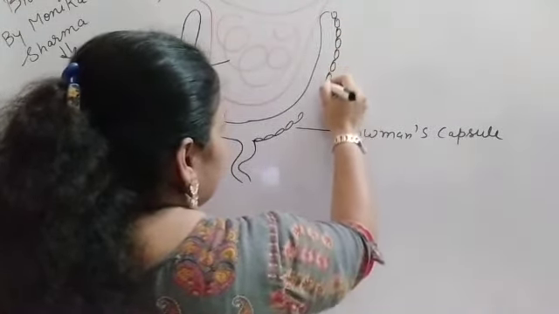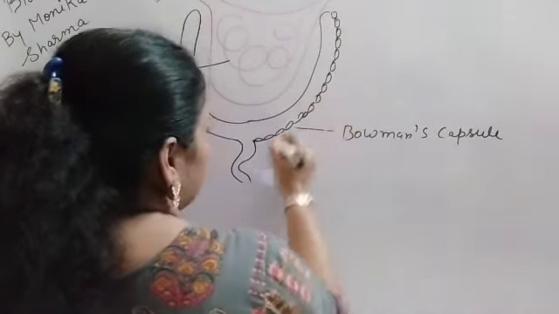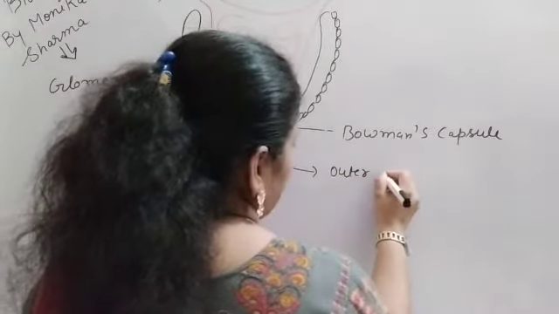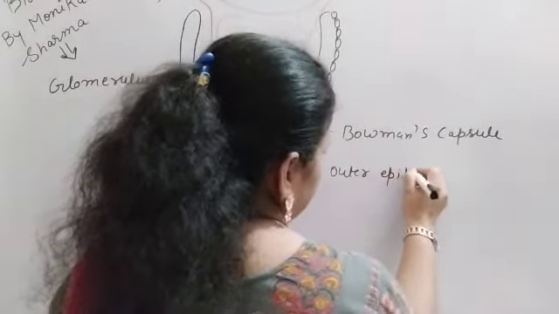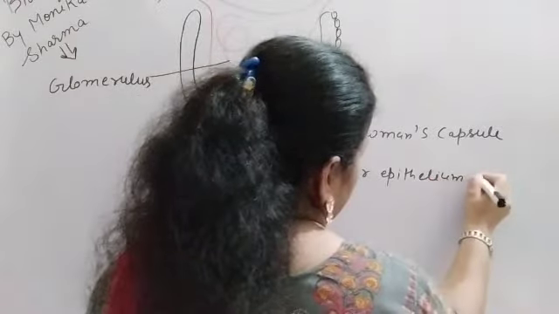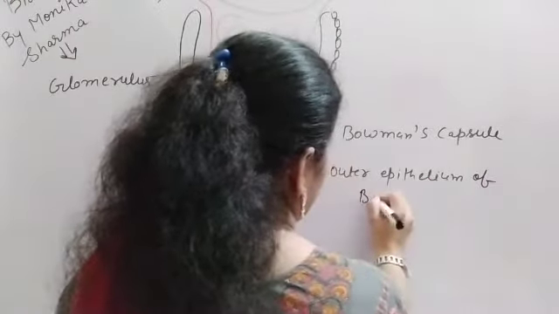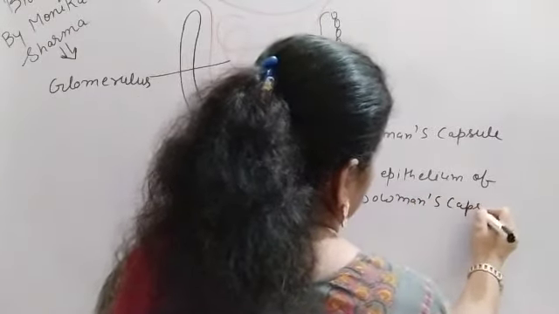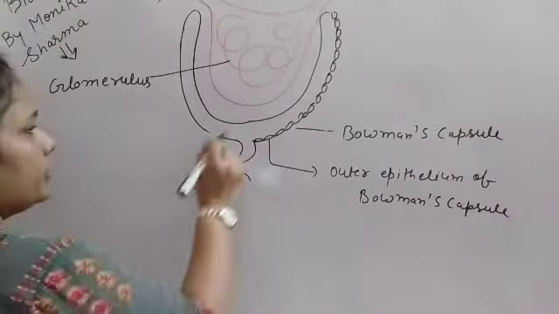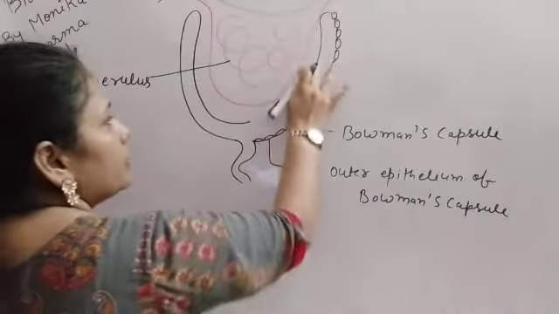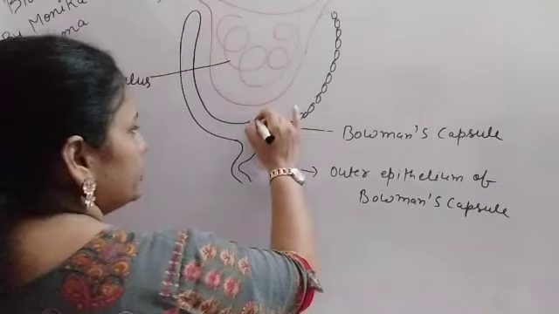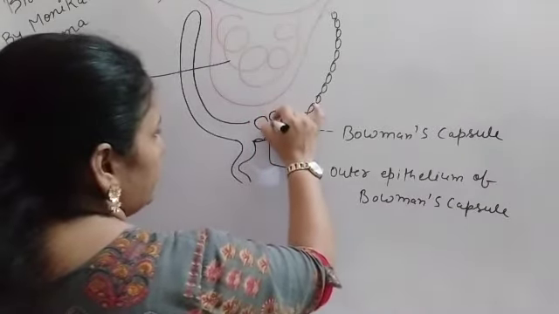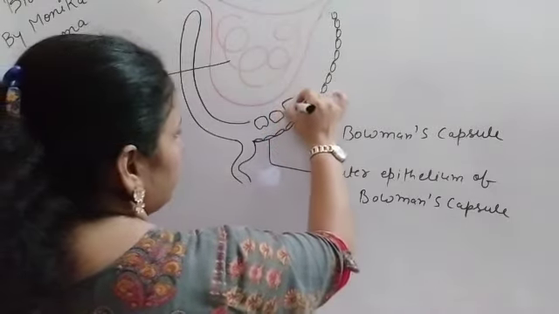So we can say the outer epithelium of Bowman capsule. Here the inner layer of cells is also present, and these inner cells have pores like a slit.